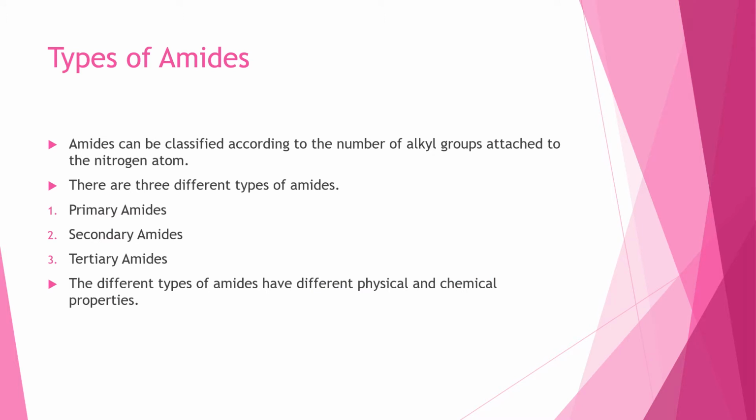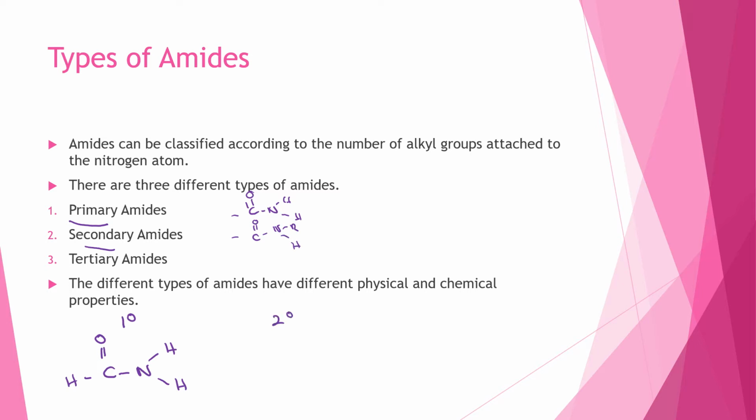Amides can be classified according to the number of alkyl groups attached to them. So if you have an amide group, which looks like this, if it's got 2 hydrogens attached, that's a primary amide. A secondary amide has got an alkyl group attached to it. So it's got 1 alkyl group attached to the nitrogen.